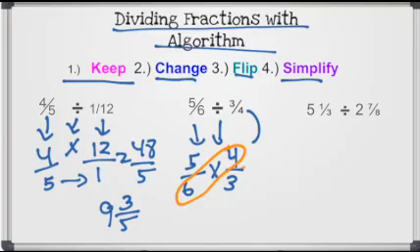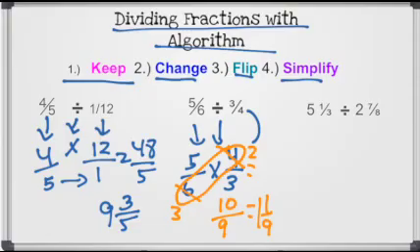So I'm going to divide 4 and 6 by 2. 4 divided by 2 is 2. 6 divided by 2 is 3. And then I'll just multiply across. And my answer is 10 because it's 5 times 2. And 3 times 3 is 9. 10 over 9, which is 1 1/9.